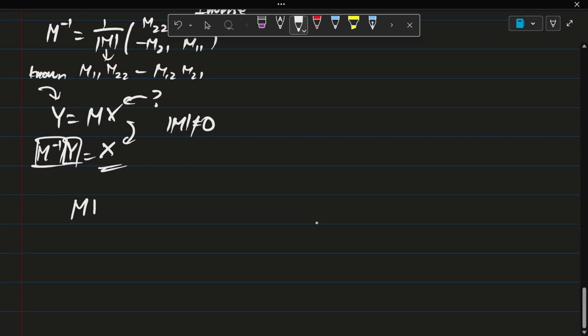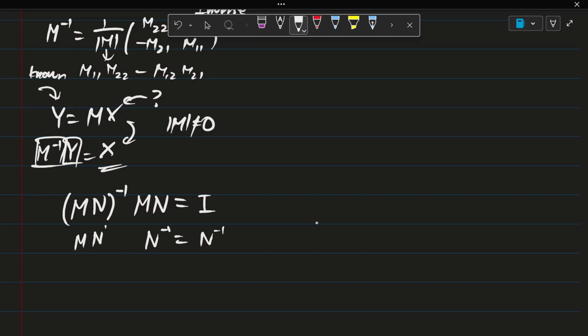Let's say you take the multiplication of m times n, and we take the inverse. This multiplied by mn must equal the identity, and we want to figure out what the mn inverse is. So we could multiply both sides. We know that n inverse is the inverse of n, so we could just multiply this entire thing straight away: n inverse times m inverse times mn. And now this combines into the identity matrix.